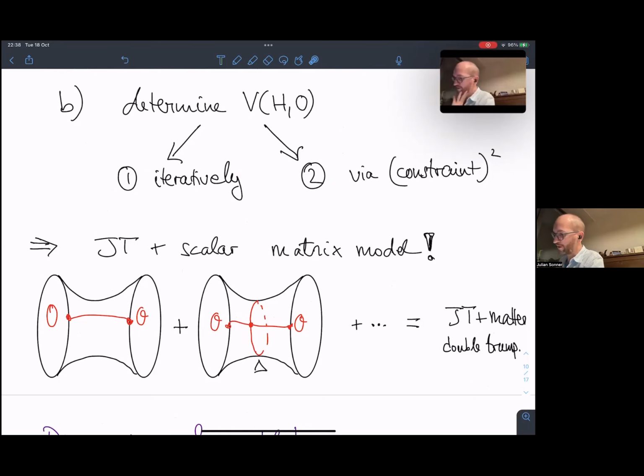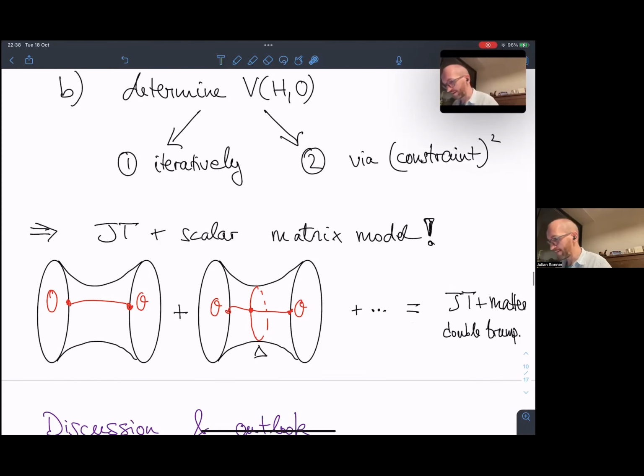Or in a more conceptual approach, we actually identified a particular constraint that has to be satisfied by this operator O in the JT gravity theory, and we can write this constraint as a constraint on the matrix. And then what we do is we identify this constraint in the matrix model by exponentiating it, which gives us the matrix model potential directly.